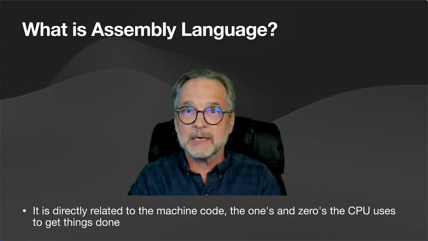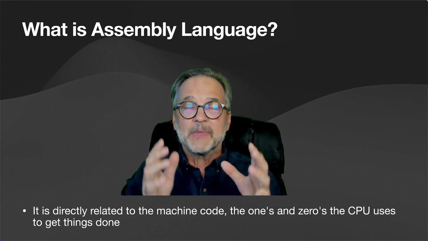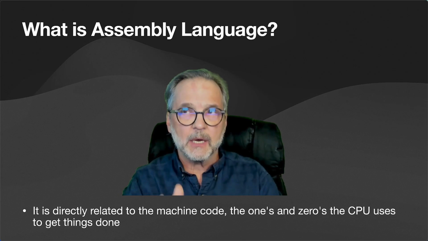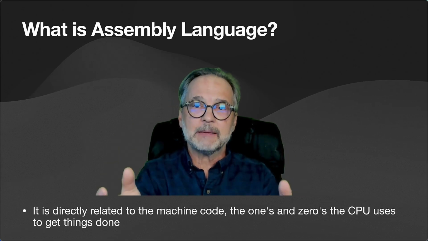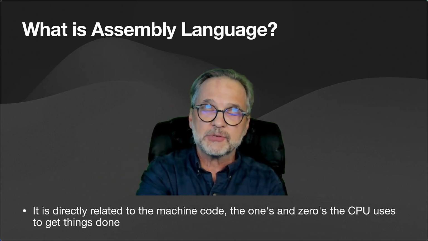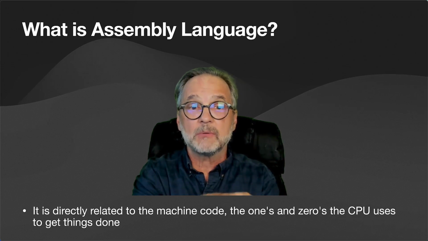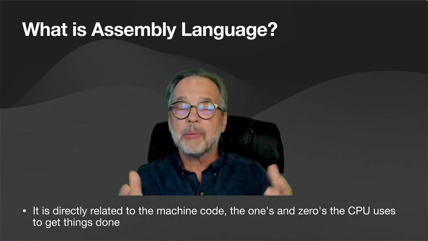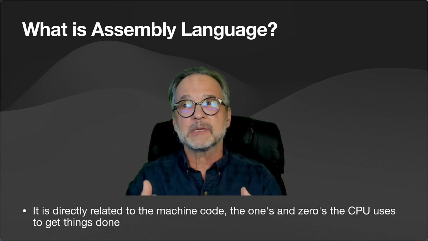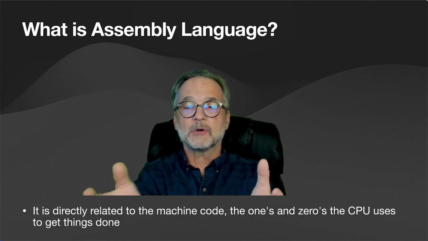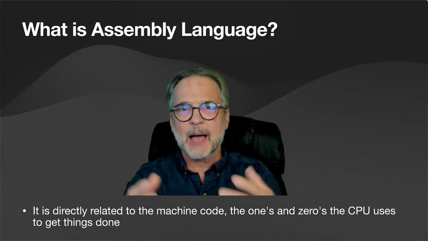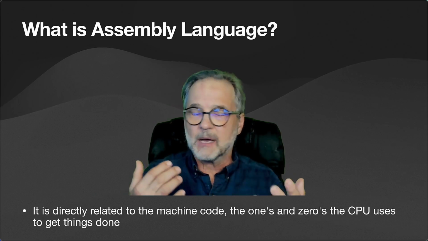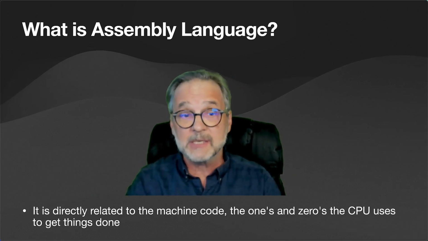It is also directly related to machine code. Every statement in assembler language is directly translatable into actual ones and zeros. Unlike a compiler, which does more than just translate your code into machine code. It actually does optimization, and a lot of different things that an assembler does not do.